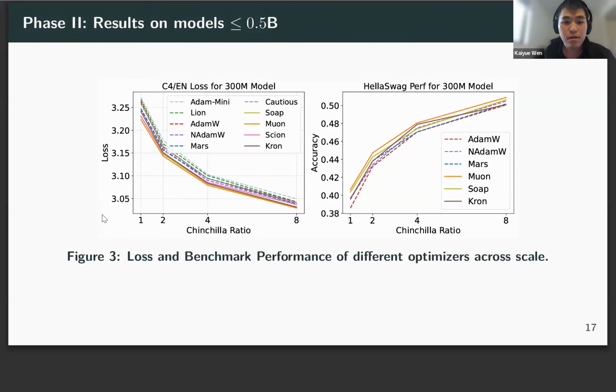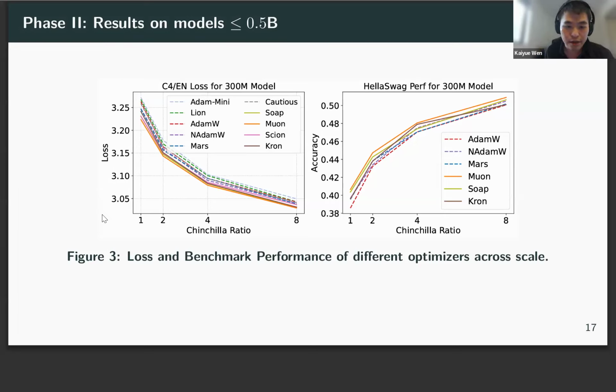After we finish the second phase sweeping, we end up with a rules portfolio for all the optimizers we study, for model sizes smaller than 0.5B. The result roughly looks like this.